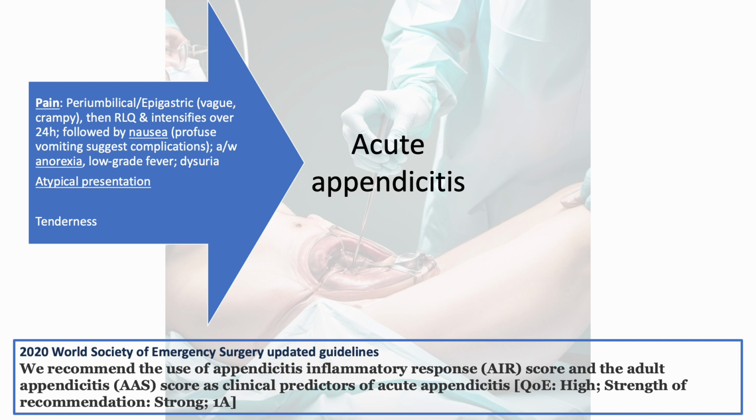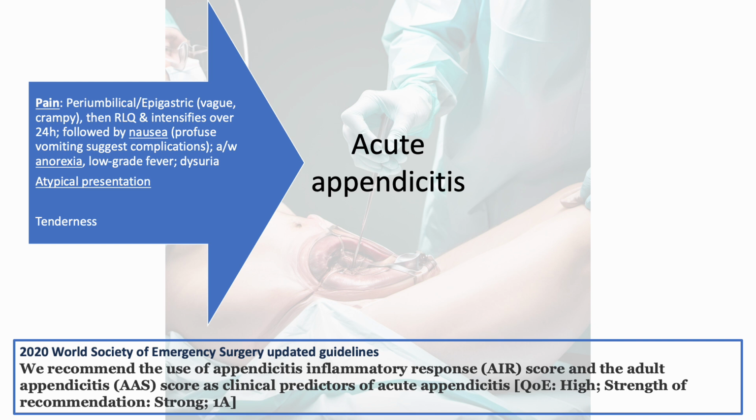It's usually a visceral pain at that time. Then it classically is described as shifting to the right lower quadrant and intensifies over 24 hours. That's basically because of the regional inflammation in the peritoneum, or regional peritonitis. The pain now is becoming more of a somatic pain.